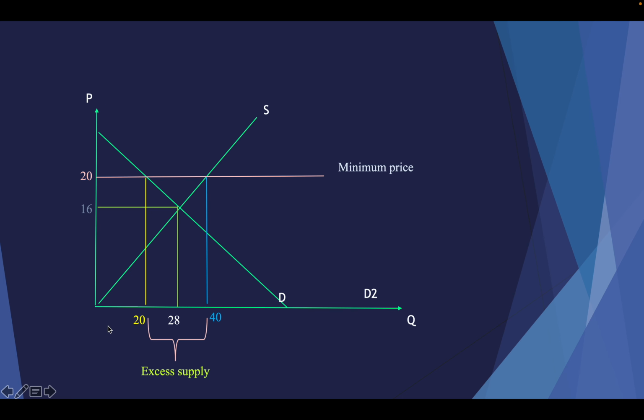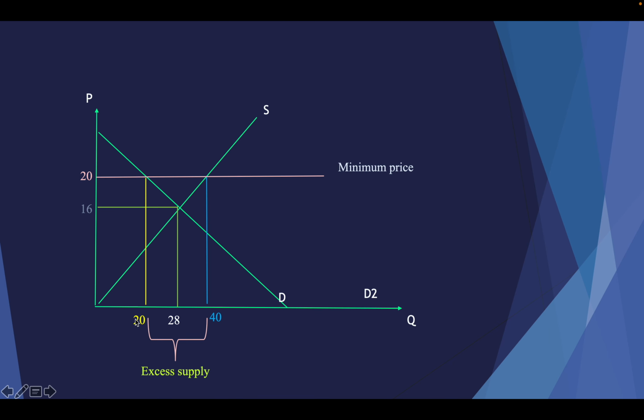So you add 20 here, because for the demand curve you have to use the demand equation, and here the quantity is 20. Then demand curve intersects here, the quantity is 20. Supply curve intersects here, the quantity is 40.